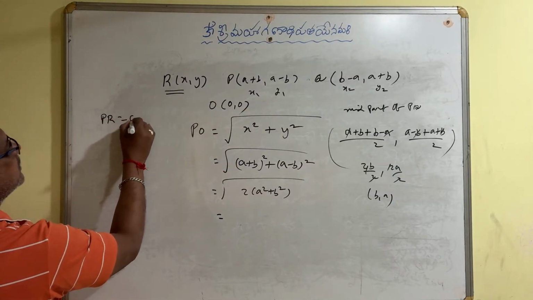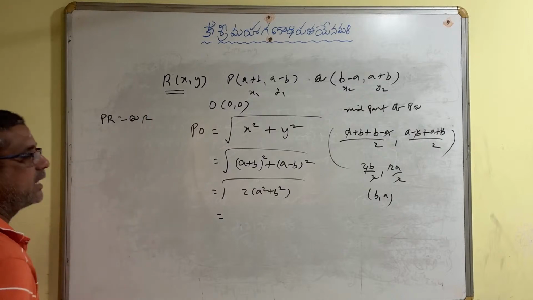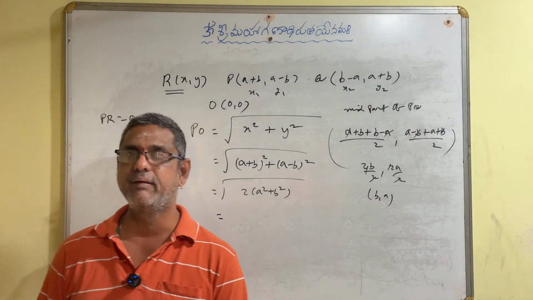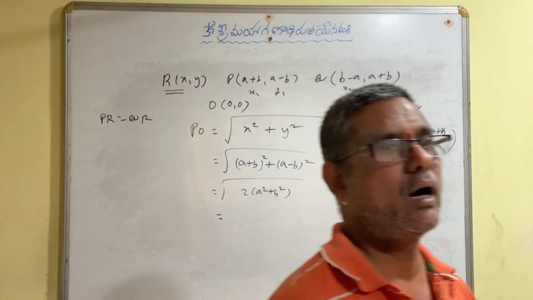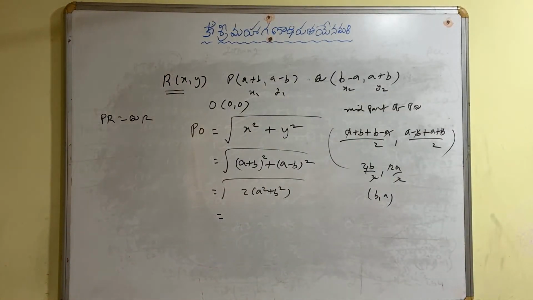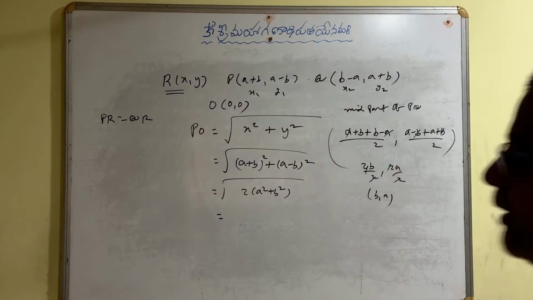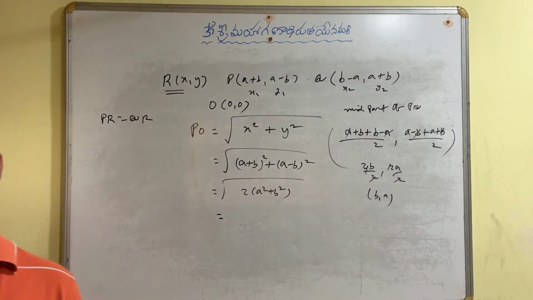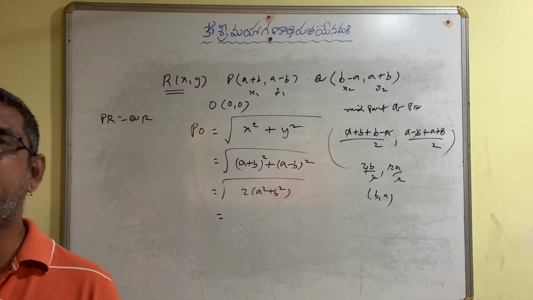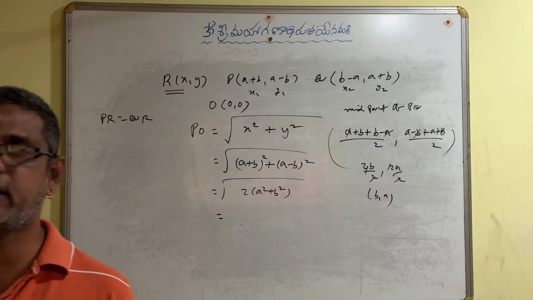Calculate PR distance and QR distance, equate them, and you will get that ax is equal to by. Find out the distance between PR and QR and equate them, because it is given that R is equidistant from P and Q.